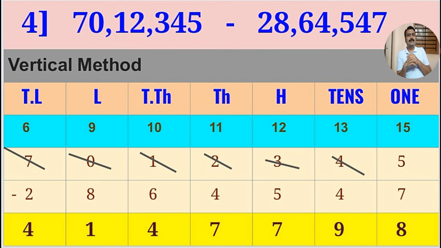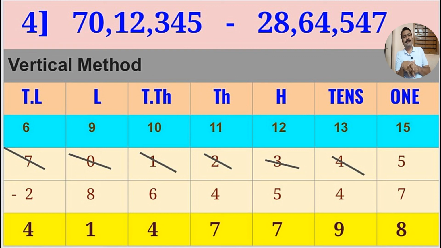So 1 carry is less from 7. Now why is 1 carry less from 7? Remember, or you can think that now instead of 7 there is remaining 6 at 10 lakh place. So from that 6 we have to subtract 2. So 6 minus 2, we got final answer as 4.